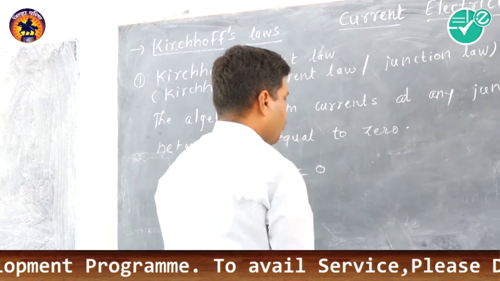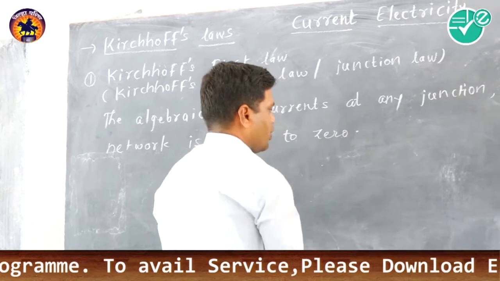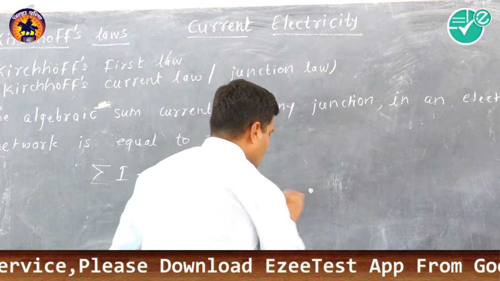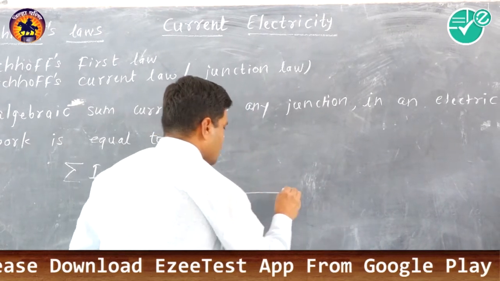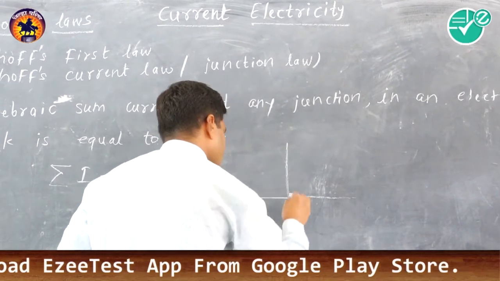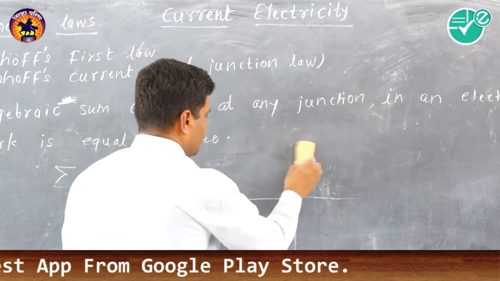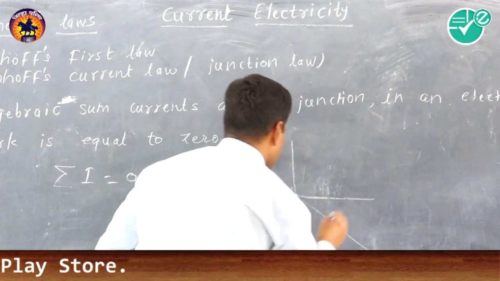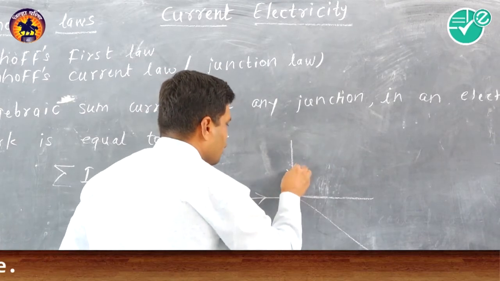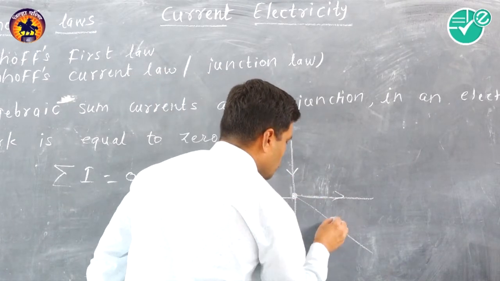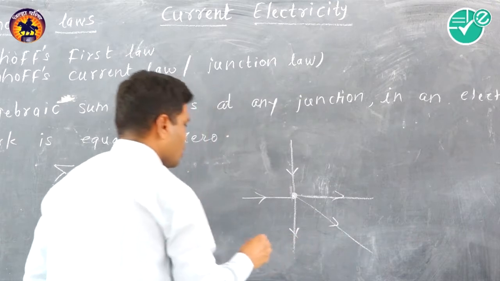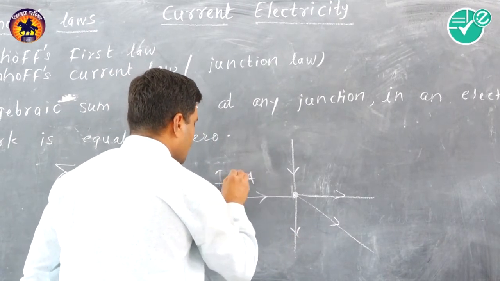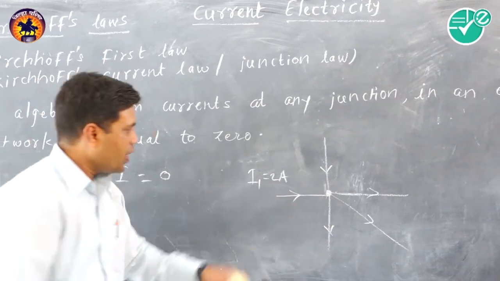Suppose we have this junction. From this junction there are 5 different currents flowing. Suppose I1 is equal to 2 ampere, flowing towards the junction.